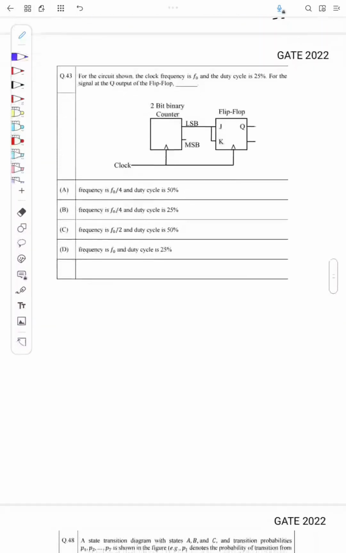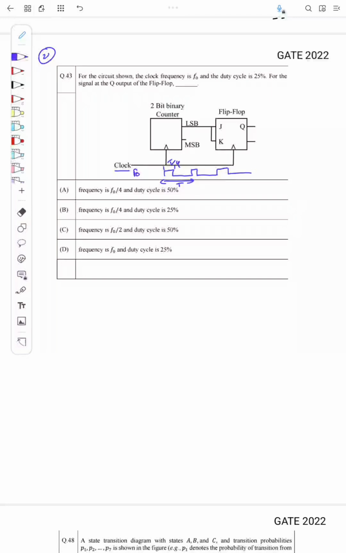Now let us come to the second question. This is again from GATE 2022. For the circuit shown, the clock frequency is F0. So I have a clock here, its frequency is F0, and the duty cycle of the clock is 25%, which means I have a clock like this. Okay, if say this is T, this will be T by 4, right?